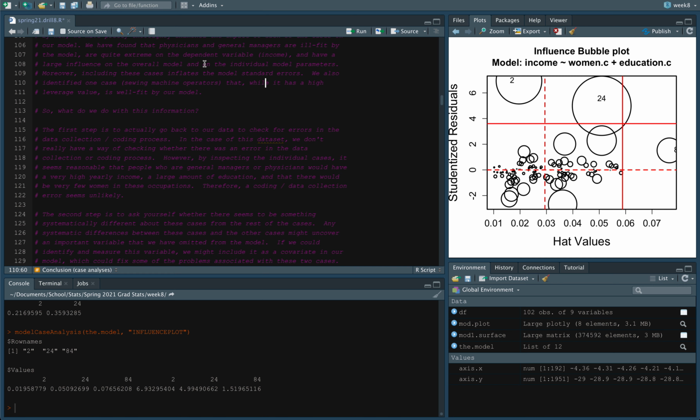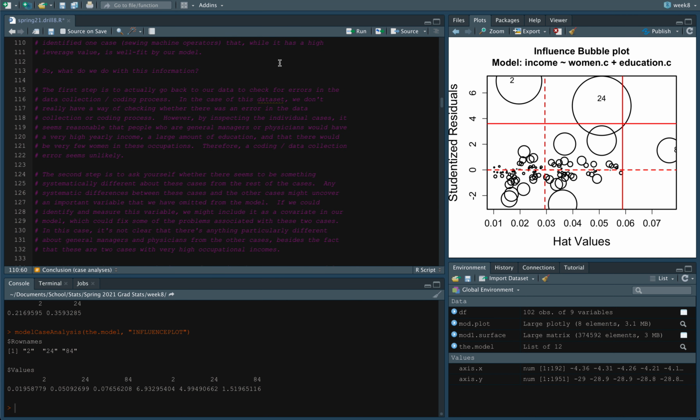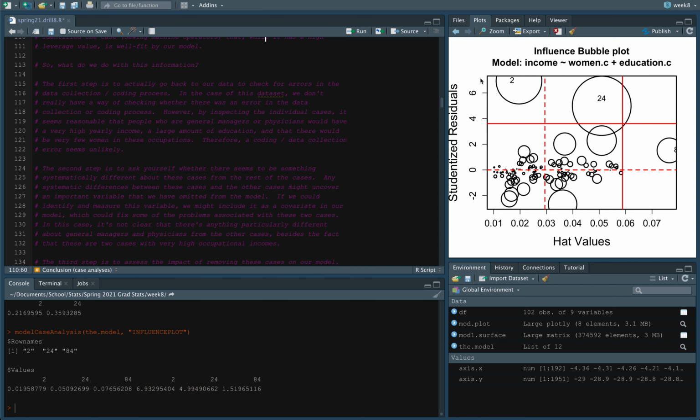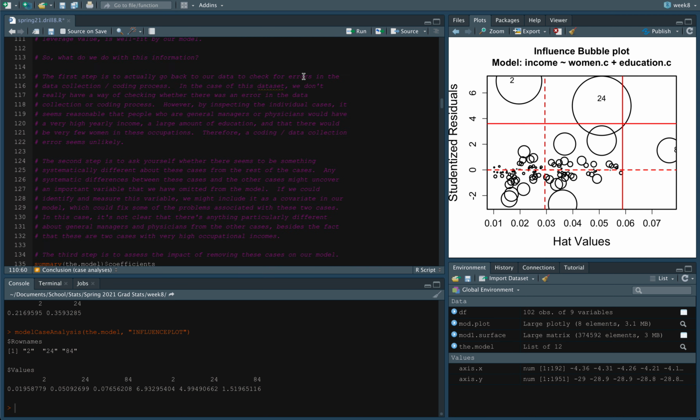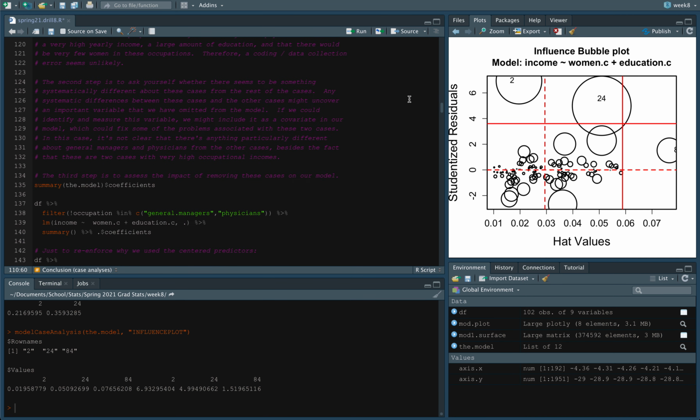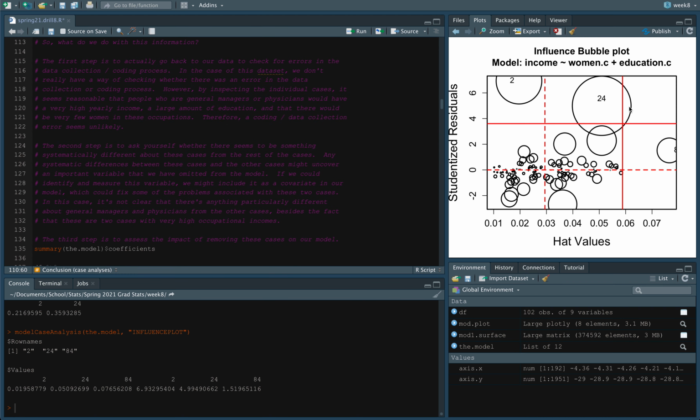Well, the first thing is to go back and check your data for errors. In this particular data set, that's not a problem. It seems unlikely in this particular case that it's a data issue. The second thing is to stop and ask yourself if there's some sort of systematic reason that might explain why these aren't fitting in the data well and why they seem unusual.